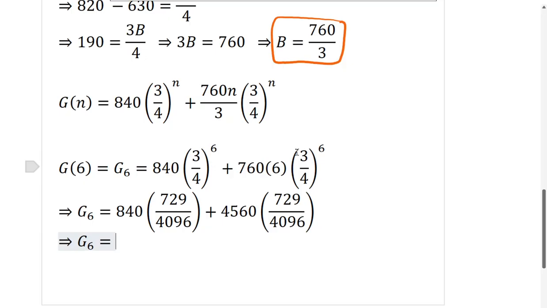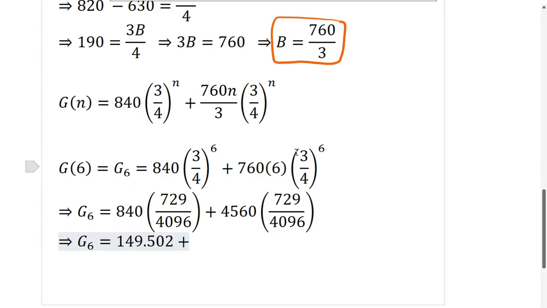So the first bit is going to go to 149.502. When I write stuff down, I usually write to 3 decimal places. Then it's 4560 by 729/4096. And that goes to plus 811, which I've got it wrong.